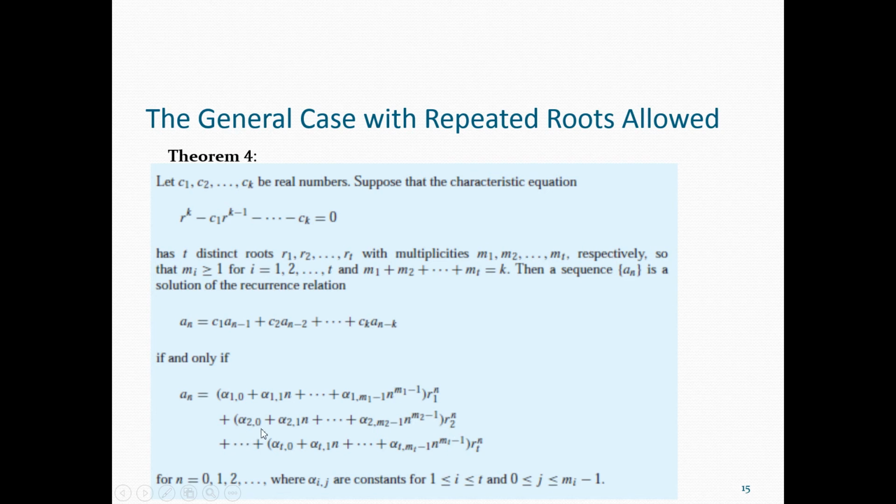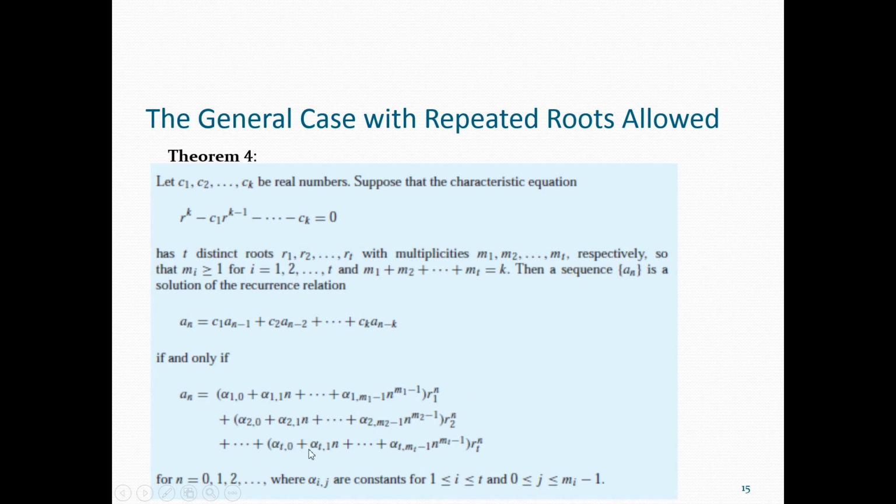Alpha_{2,0}, alpha_{2,1} into n, plus so on, up to alpha_{2,m2-1}, where m2 is the multiplicity, minus 1, one less than m2, n to the power m2 minus 1, okay, multiplied by r2 to the power n.